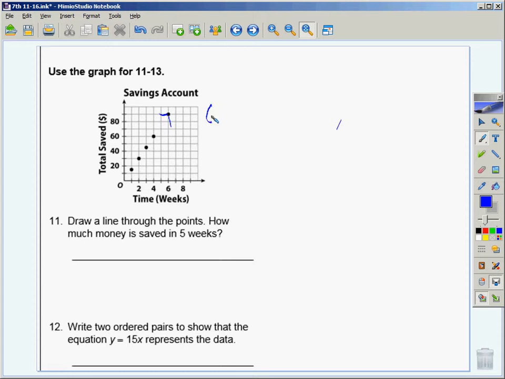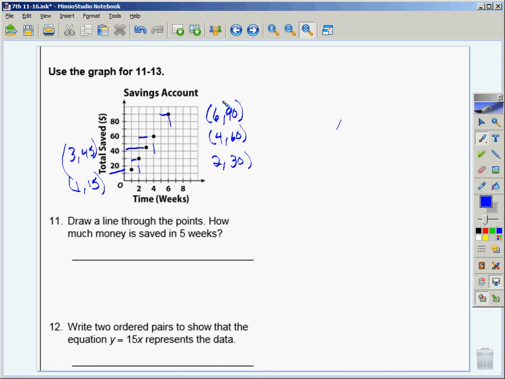This is the ordered pair 6, 90. This is the ordered pair 4, 60. This was the ordered pair 2, 30. This one I could have put down as 1, 15. And this one I could have put down is 3, 45.